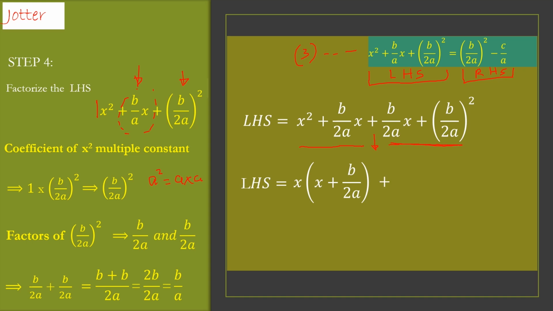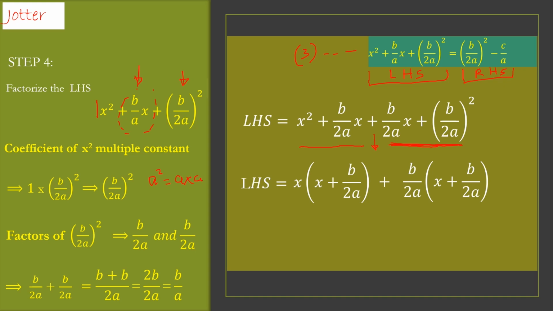What is common to the last two terms will be b over 2a. If we take b over 2a out, b over 2a will go in b over 2a x to give us x, and b over 2a will go in b over 2a squared to give us b over 2a. So we have that for the second term.